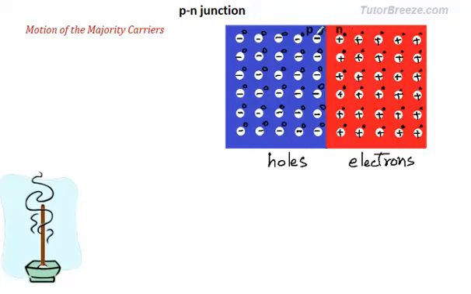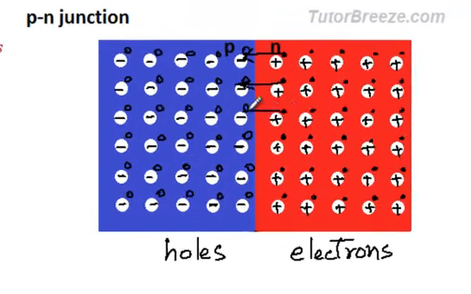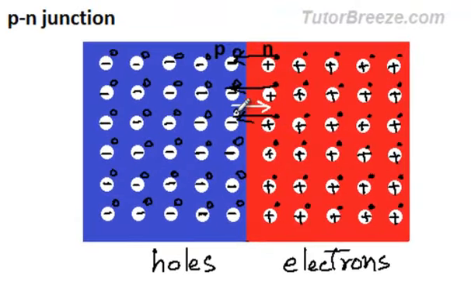When the junction is formed due to diffusion, the electrons will move across the junction in this direction. When an electron moves into a hole over here, it occupies this vacancy, and you can see that this vacancy no longer exists, or you can say that the holes disappear.